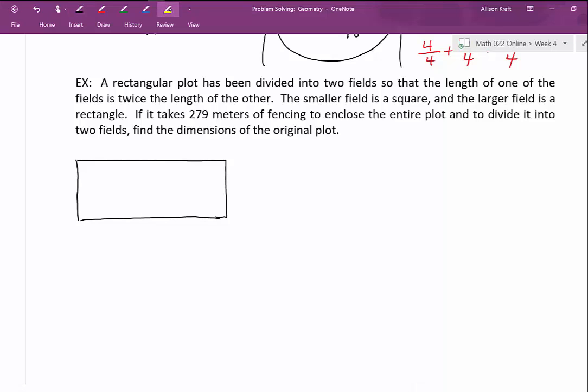Our rectangle has been divided into two fields so that the length of one of the fields is twice the length of the other, and this smaller field is a square. So I'm going to make sure when I draw in this line to split it into two plots that one of them is going to be a square.